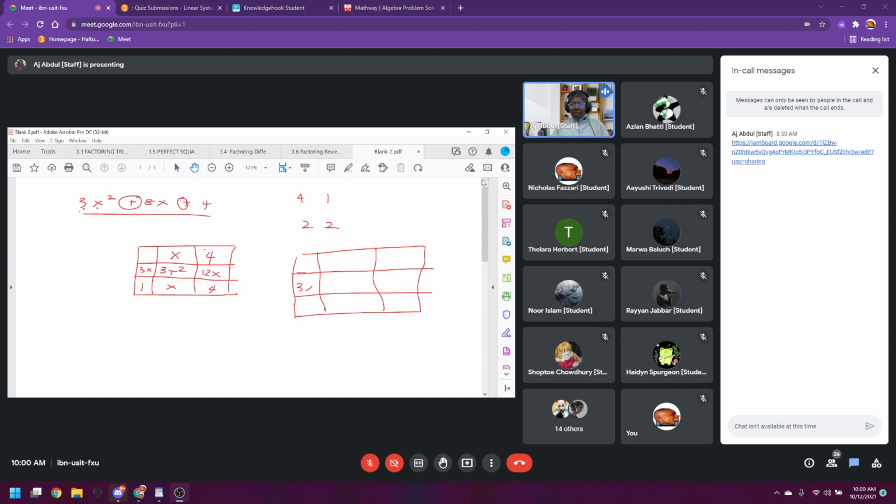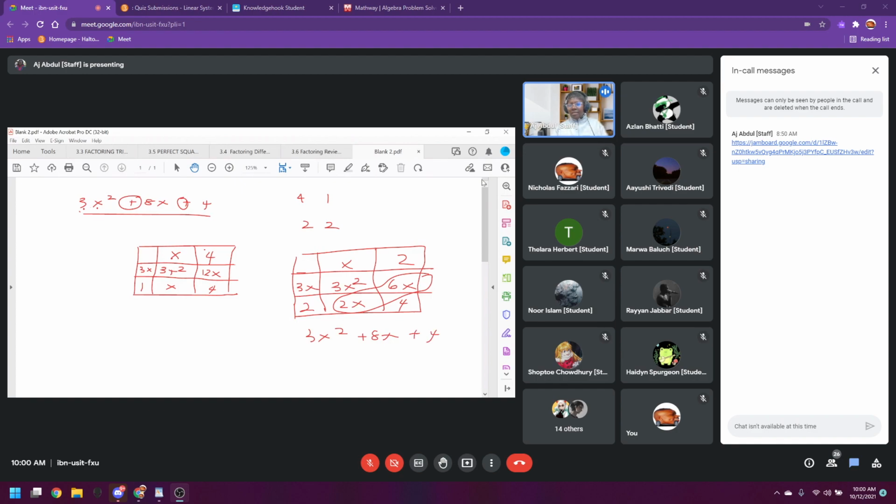So if I have my 3x and x, instead of 4 and 1, let's try 2 and 2. So we're trying to get 3x times x is 3x squared. 3x times 2 makes 6x. 2 times x makes 2x. And 2 times 2 makes 4. So when I put these two middle terms together, I get 3x squared plus 8x plus 4.